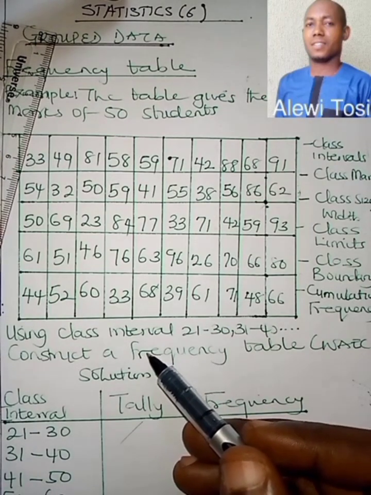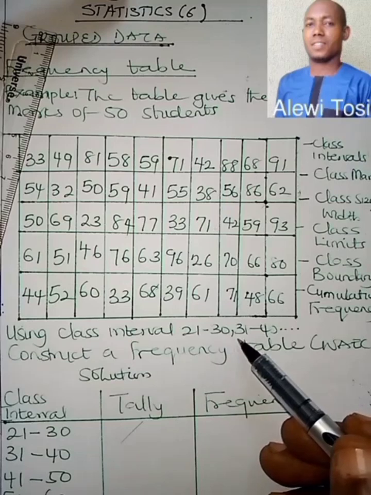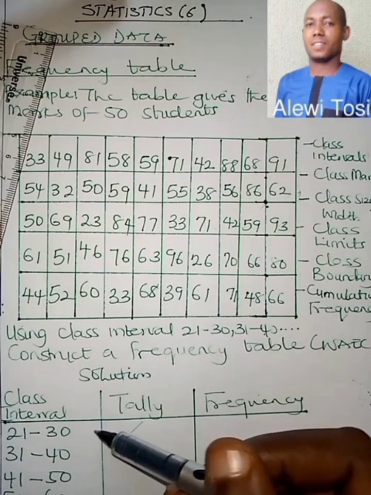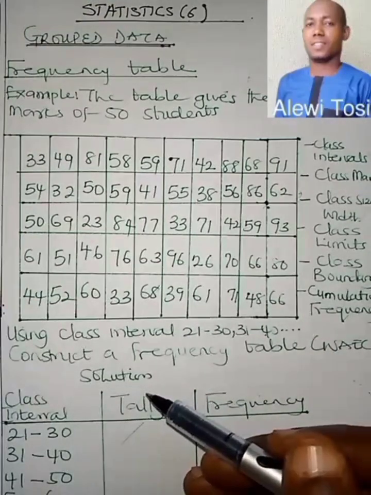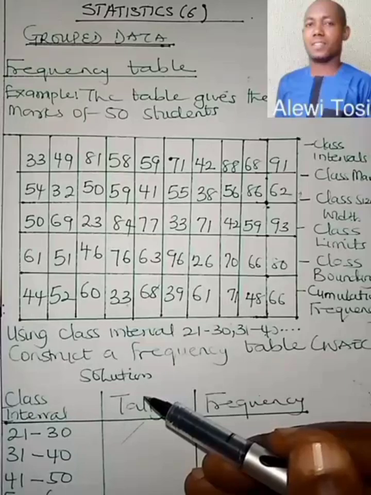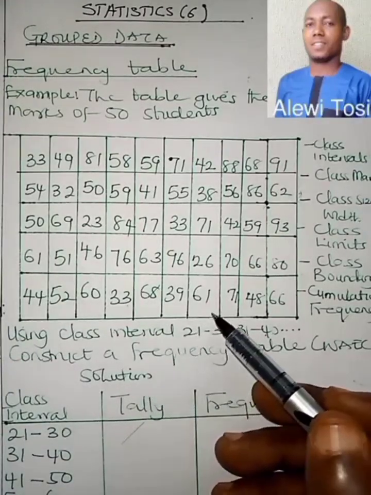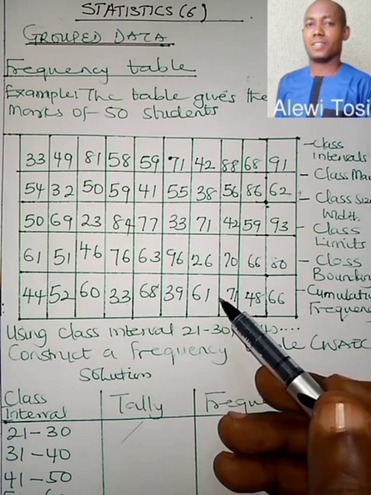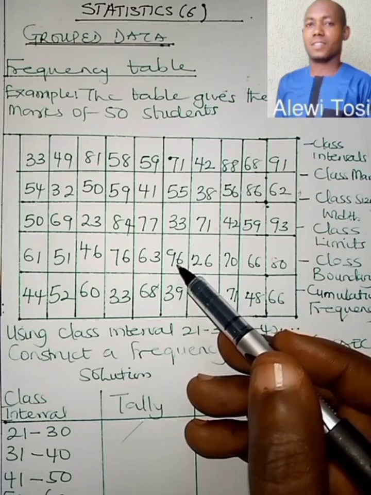In this question, we're given the class intervals as 21 to 30, 31 to 40, and so on. To know the number of class intervals we are going to have, we need to decide what is the biggest number here. The biggest number here is 96. Am I right? It's 96.